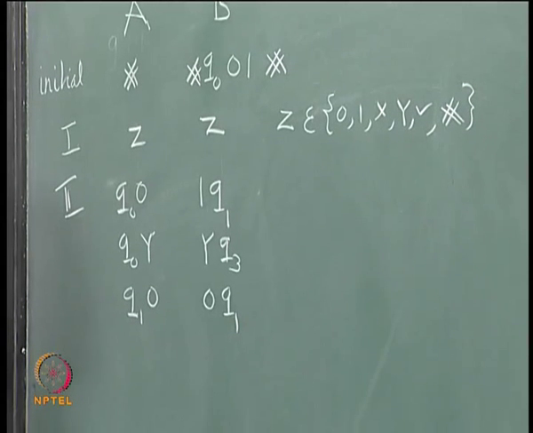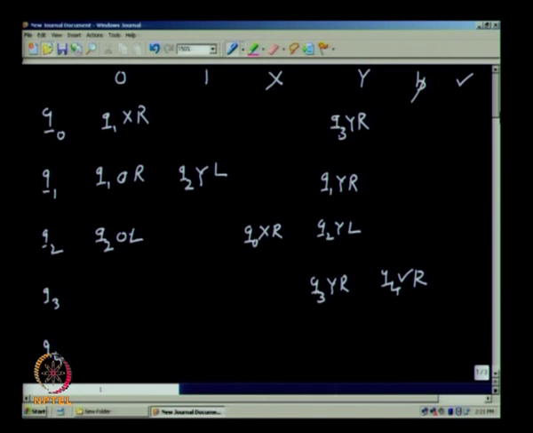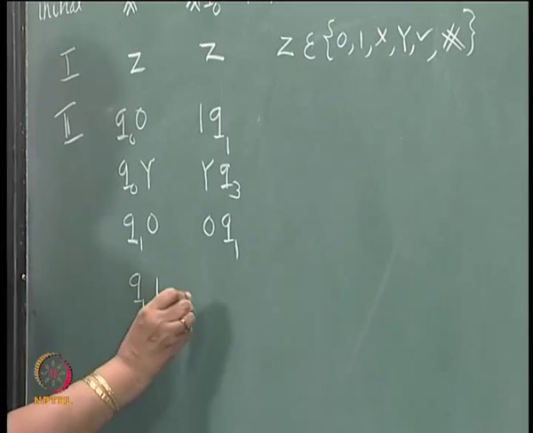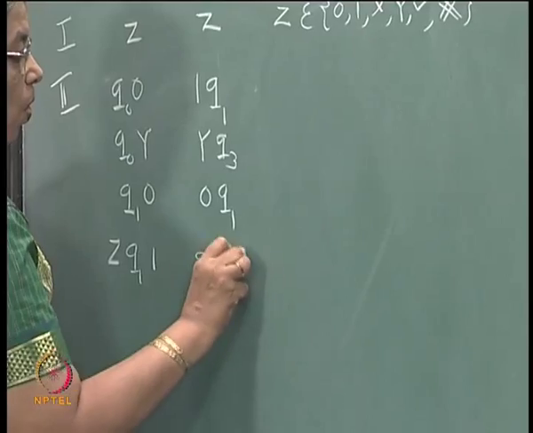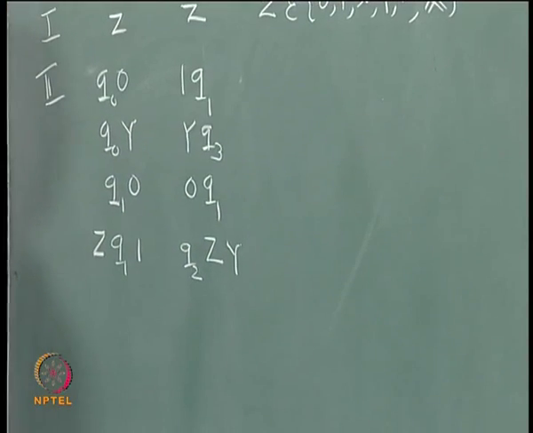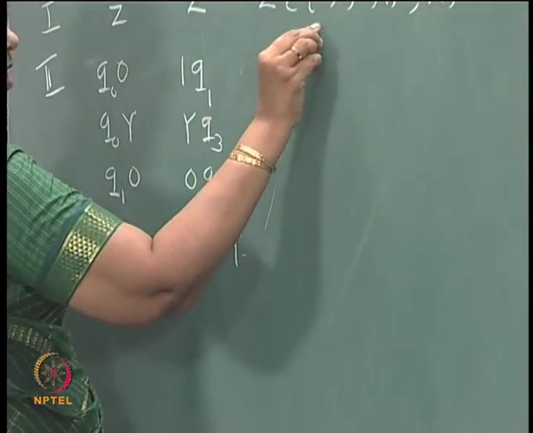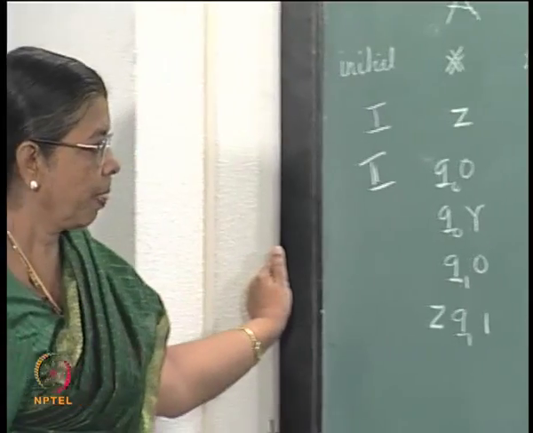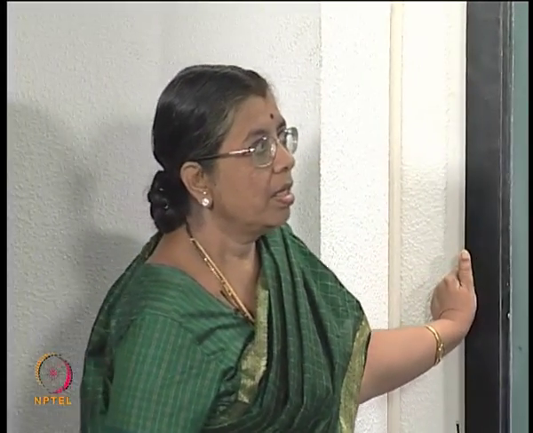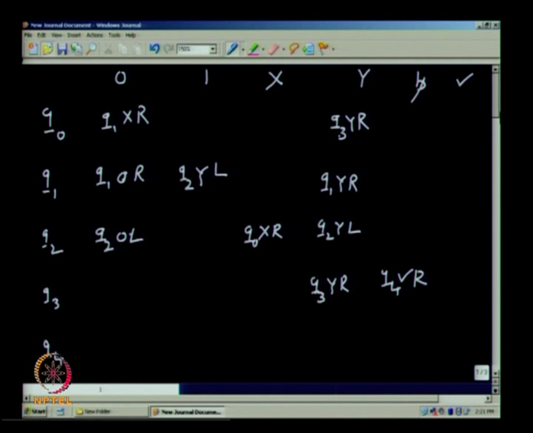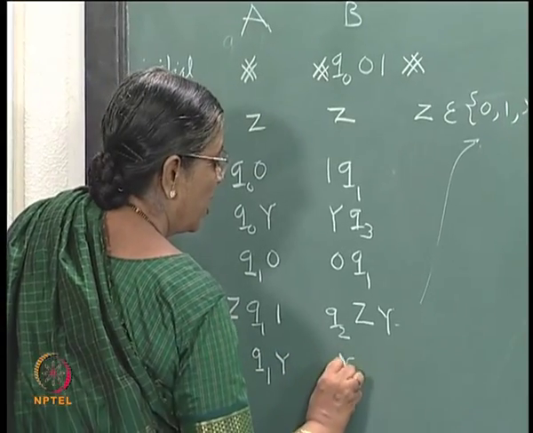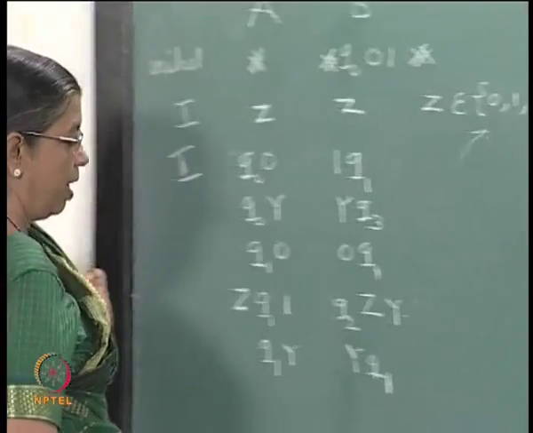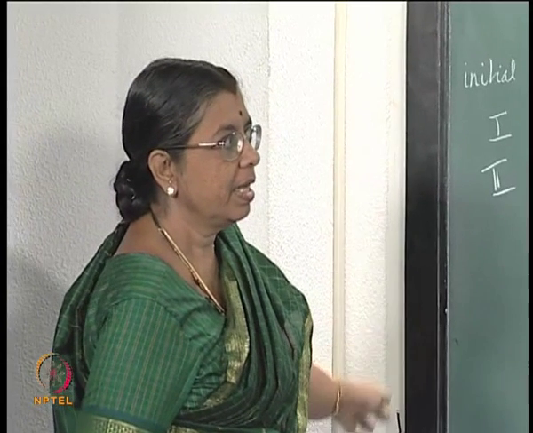Then Q1 1 is Q2 Y L, where again Z can be any one of these. Then Q1 Y is Q1 Y R, the pair will be like this.